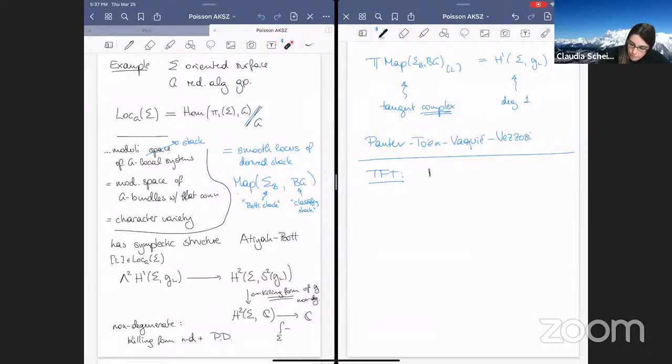So now if M is a 3-manifold with boundary, and this should be oriented, then we can look at G-local systems on all of M, and those get down to G-local systems on sigma. And this map here now, remember this right-hand side was symplectic, and this map here is actually Lagrangian.